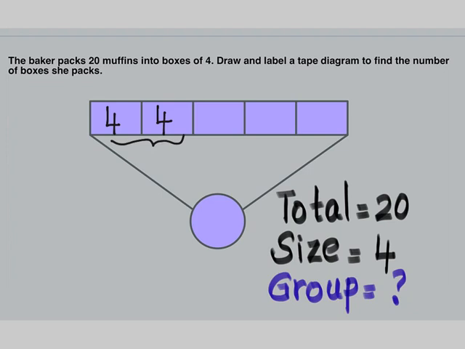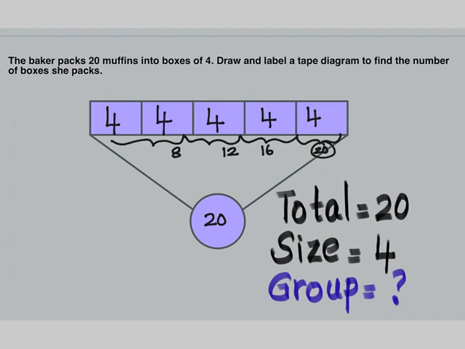So 4 plus 4 will make 8, and 8 plus 4 will make 12, and 12 plus 4 will make 16, and 16 plus 4 will make 20. That is the total. Total goes in the circle of the tape diagram.